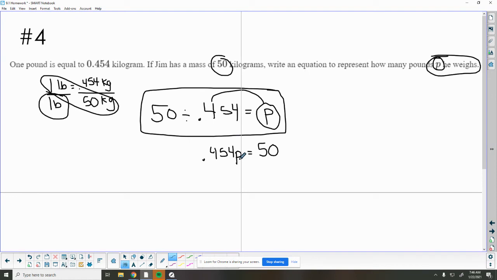On this one here, I have to get P by itself, which means I have to do the opposite of multiply, which is to divide. So this cancels out, and then I would end up dividing. So they are the same thing, but it's easier just to start with the division problem on this particular problem. So either expression, we can multiply or divide, will both give us the answer.